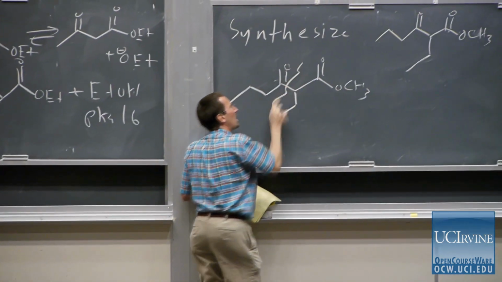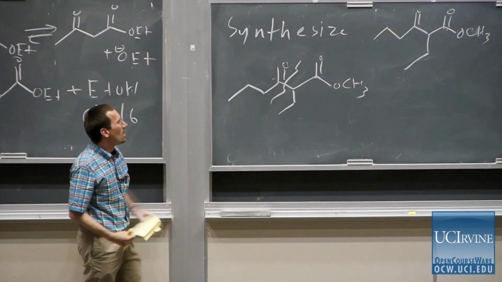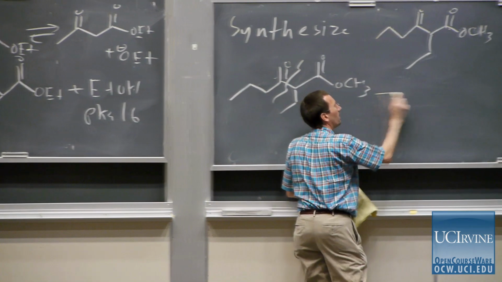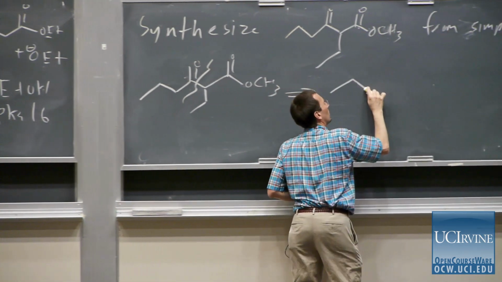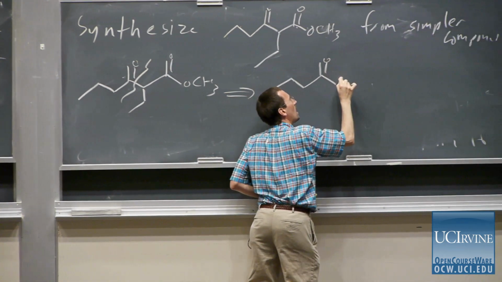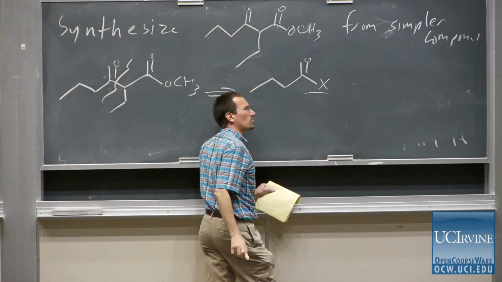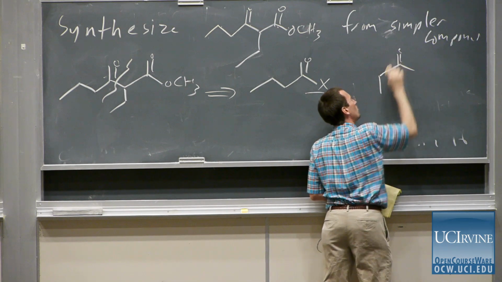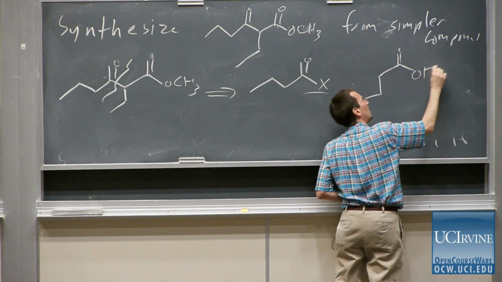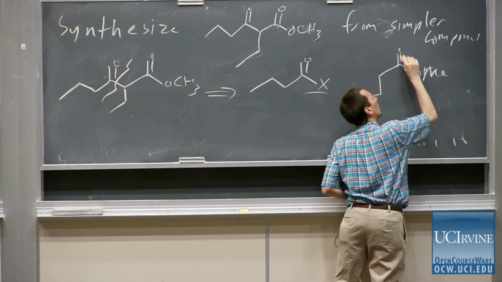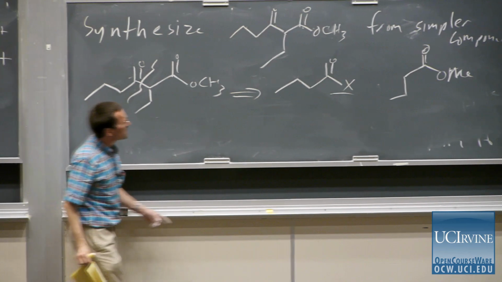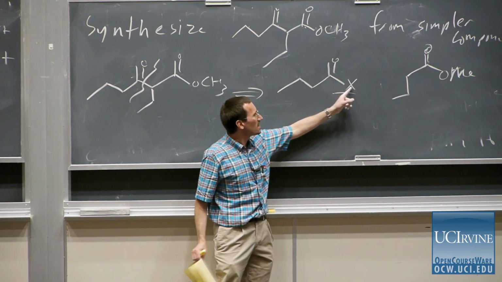So I look at this molecule and say, retrosynthetically, I'm going to split it back to this. Well, it doesn't matter right now when I'm thinking retrosynthetically. Some sort of group there that's going to leave. And this, that's methyl butanoate.